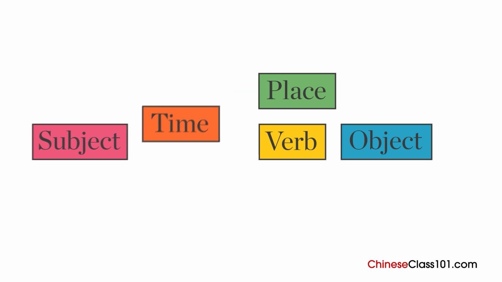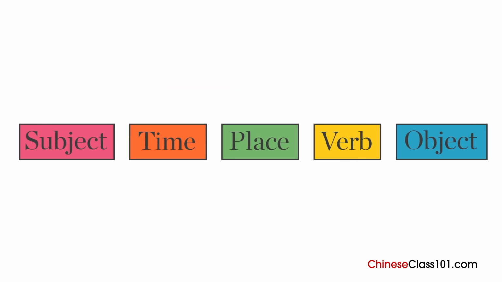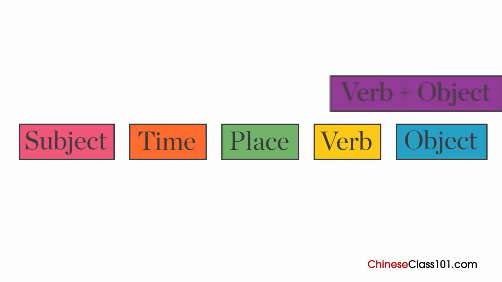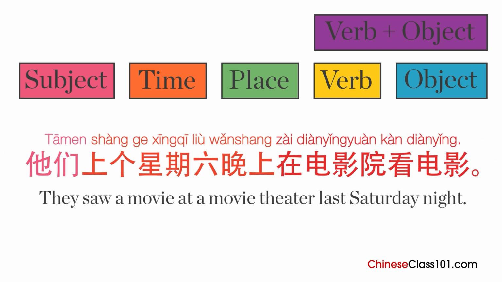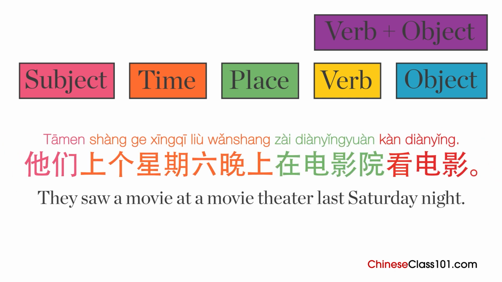Usually, we put time after the subject, then place, then verb, or verb plus object. For example, 我的好朋友去年在伦敦工作. My good friend worked in London last year. 他们上个星期六晚上在电影院看电影. They saw a movie at a movie theater last Saturday night.